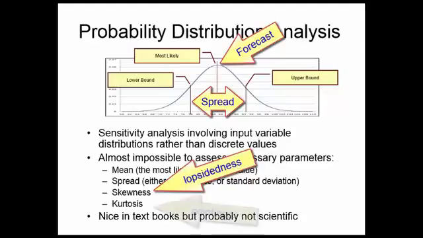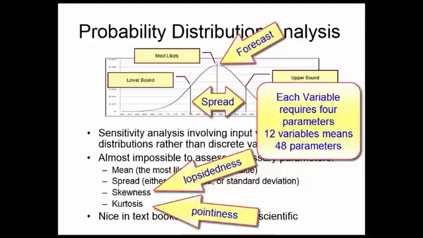And lastly, kurtosis, which is a measure of the pointedness of the distribution, if you like. It's not necessary to go into these parameters in detail, sufficient to be aware that if we're going to take the approach of analysis through a probability distribution approach, we need not only forecasts, but we also need estimates of at least 3 other parameters for every variable.